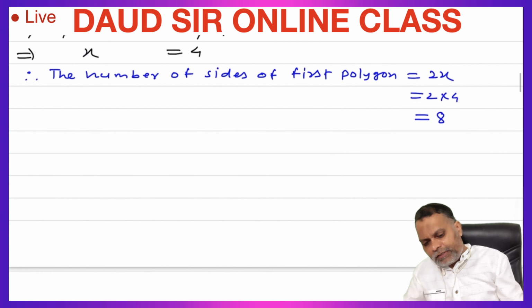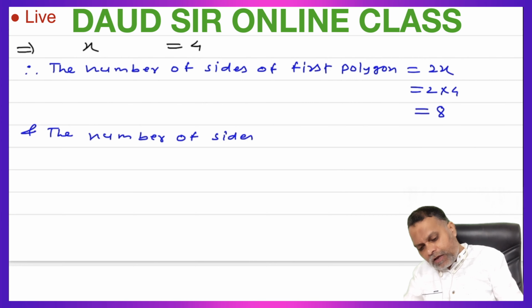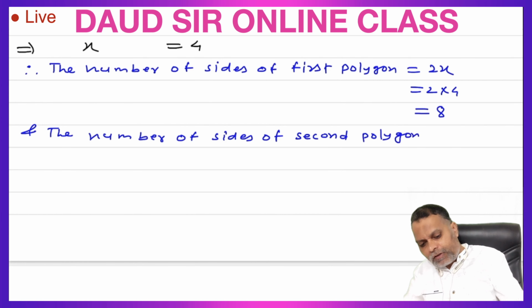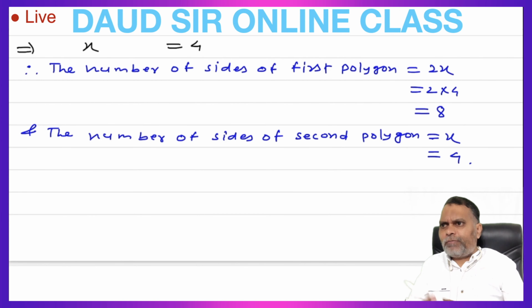And the number of sides of second polygon is equal to x is equal to 4. So number of sides in first polygon will be 8 and number of sides of second polygon will be 4.